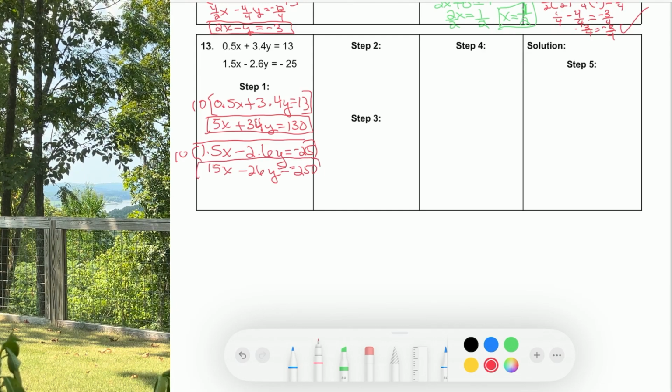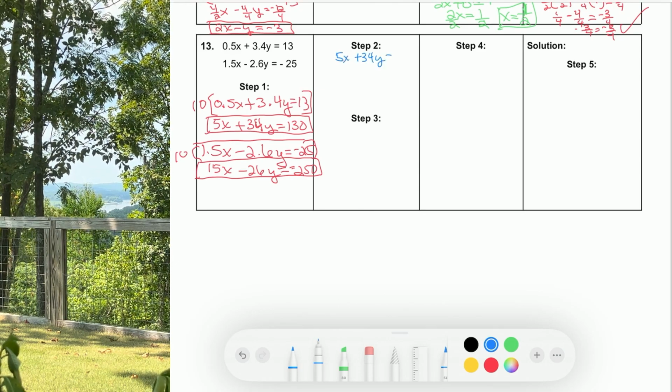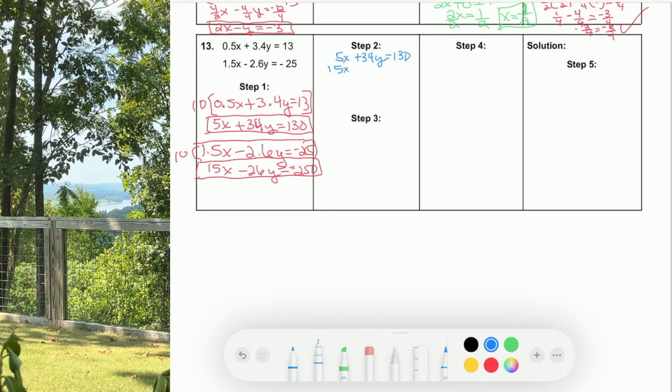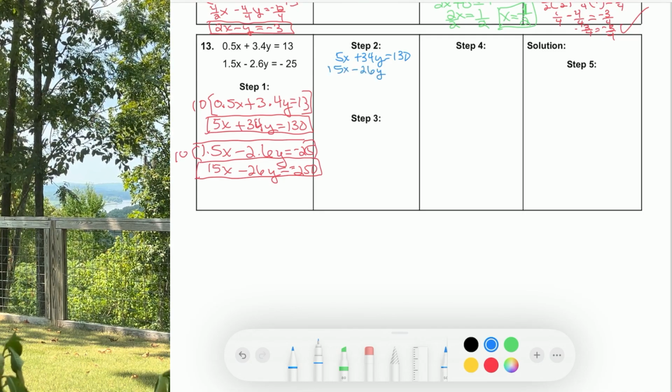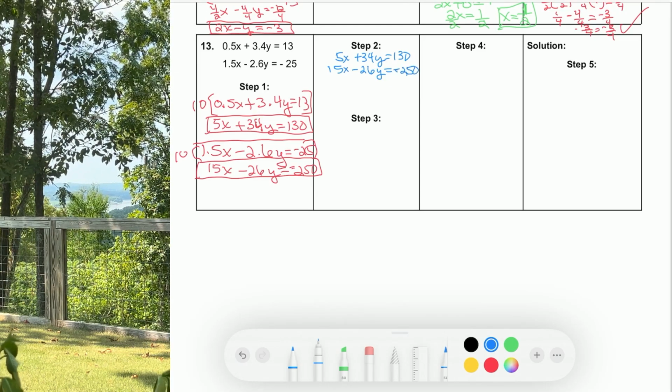And that's our new version of that equation. All right, so let's write them over here. 5x plus 34y equals 130. And then I have 15x minus 26y equals negative 250.